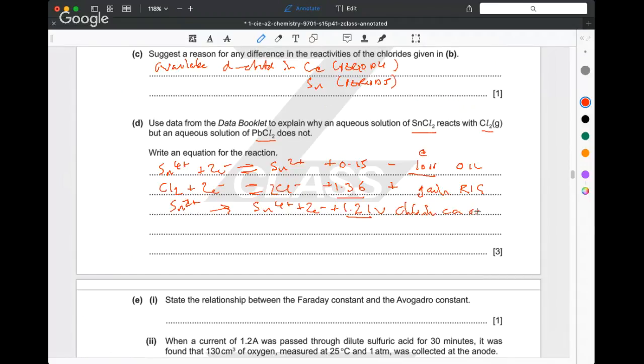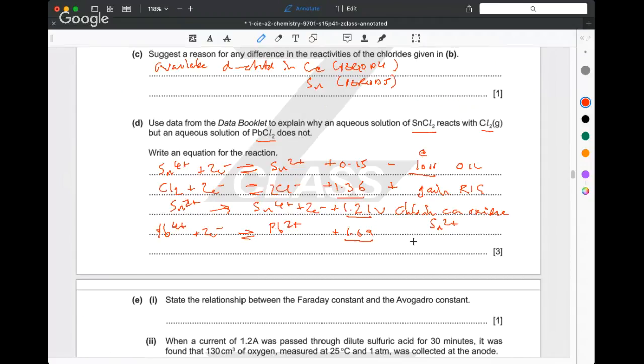can oxidize tin 2+. Now, if you work through the same kind of reasoning for lead, then you'd have lead 4+ plus 2 electrons going to lead 2+, and this time the standard electropotential is 1.69, and this time this is the more positive, not the chlorine.